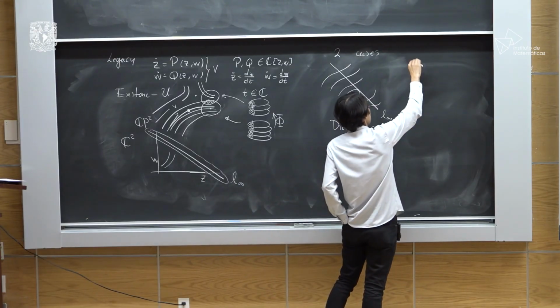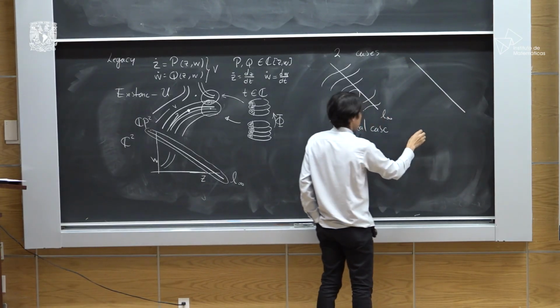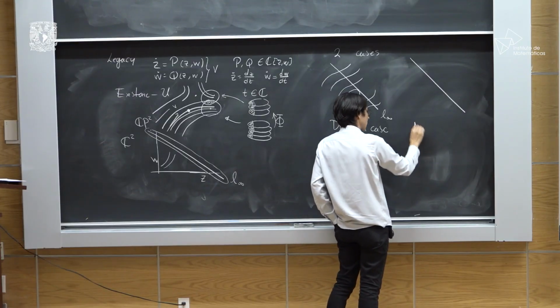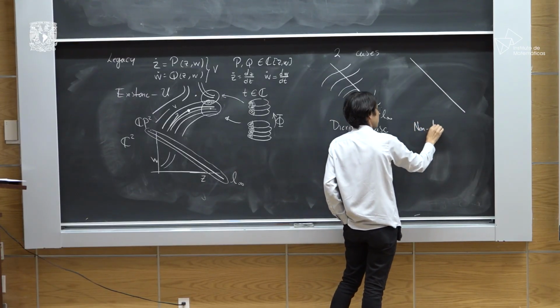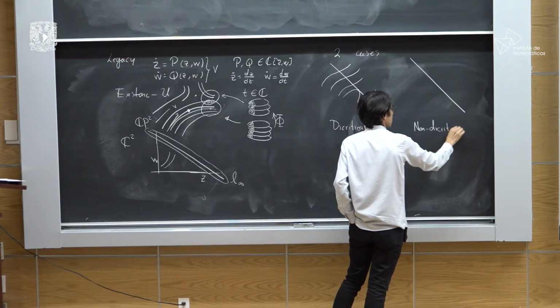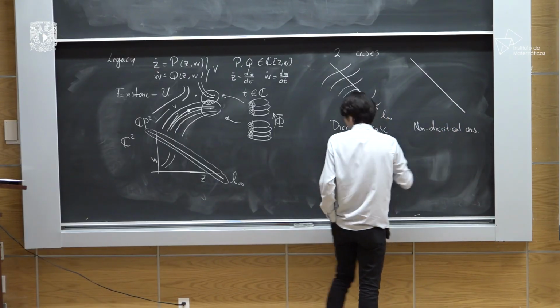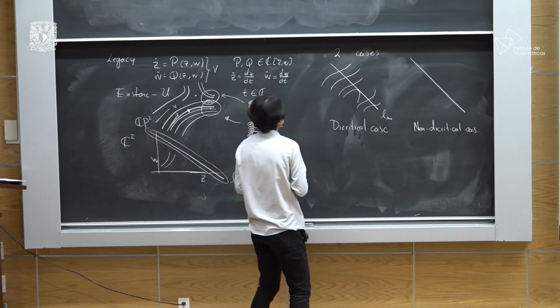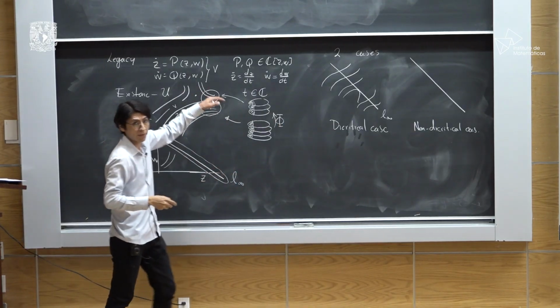And in the other case, the so-called non-dicritical case, the line at infinity is a curve well adapted to the extended vector field.